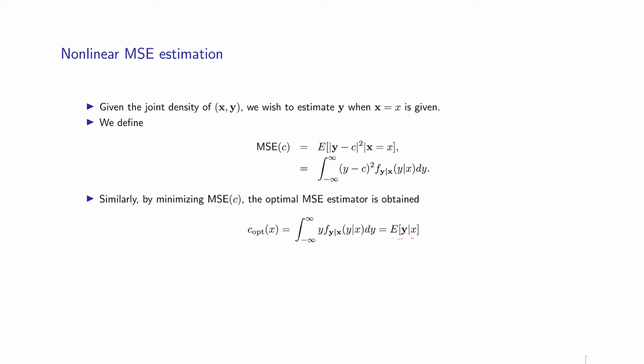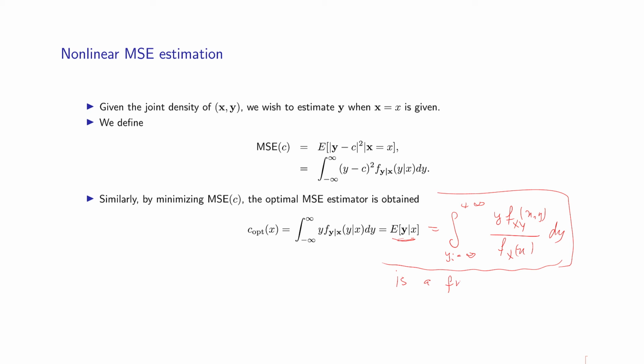However, this is a function of x, which is equal to the integral of y, varying from minus infinity to plus infinity, of y f_XY of x and y divided by f_X of x, and then dy. So you see that in this integral the dummy variable y disappears and it is a function of x, which is obtained using the joint distribution.